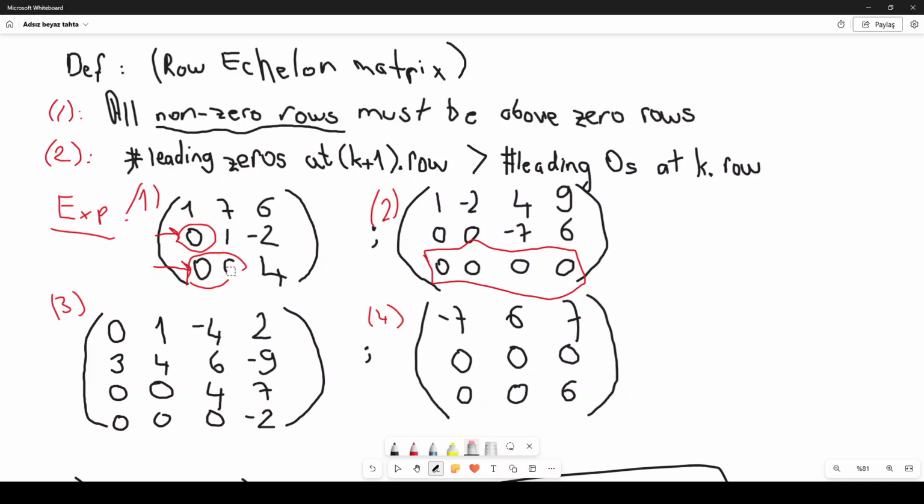If this weren't 0 but something different than 0, for instance a 2, then the second property wouldn't have been satisfied. Why? Because now the third row and the second row would have an equal number of zeros, which is not enough to satisfy the second property, because it should be strictly greater, right? There is no equality sign here. You notice that, right?